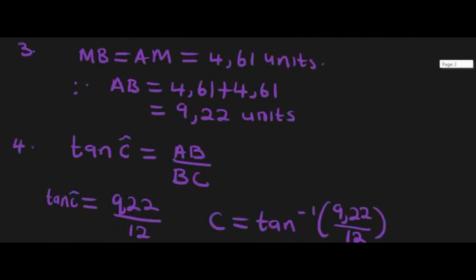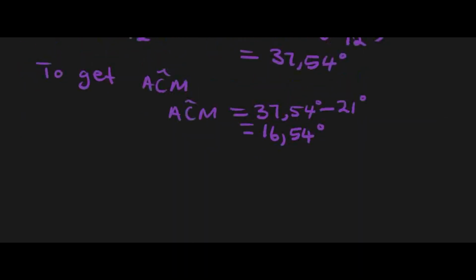So number 5, we will say cos of 37,54 degrees is equal to adjacent, our adjacent side there is 12 units, over hypotenuse, which is AC, since we are looking for AC.